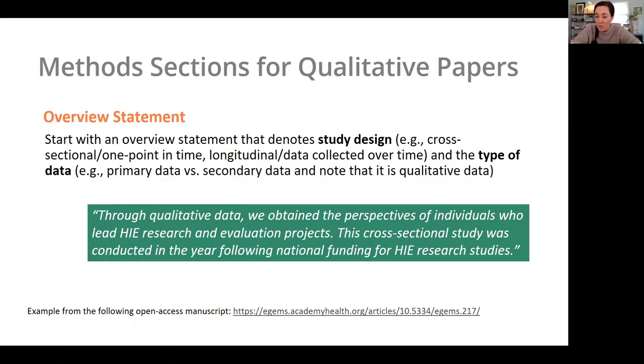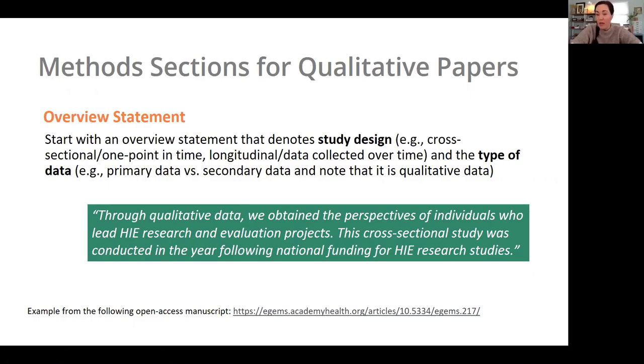So I have an example from one of my previous manuscripts, and the citations for each of the manuscripts that I use as examples is at the bottom of the slide. In this paper, I started by saying, through qualitative data, we obtained the perspectives of individuals who lead HIE research and evaluation projects.